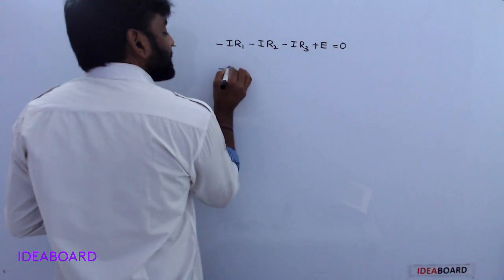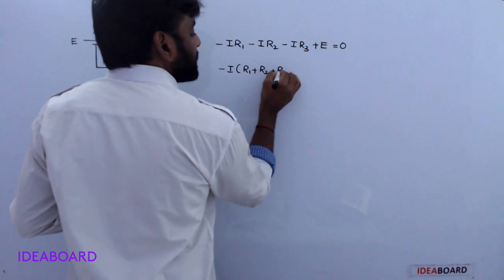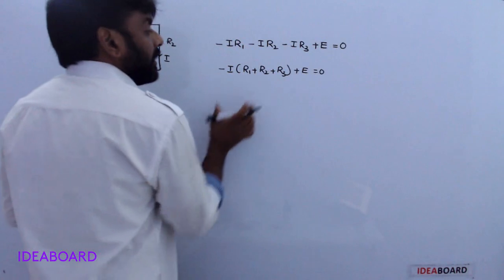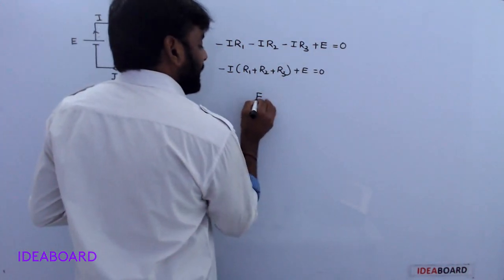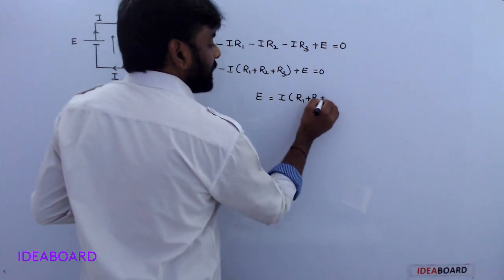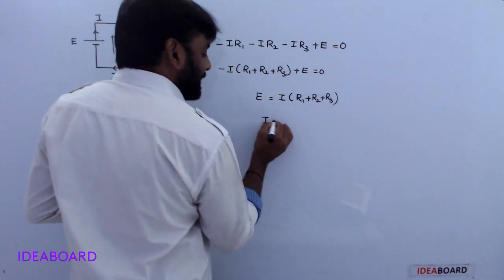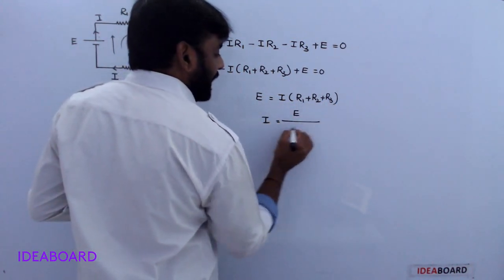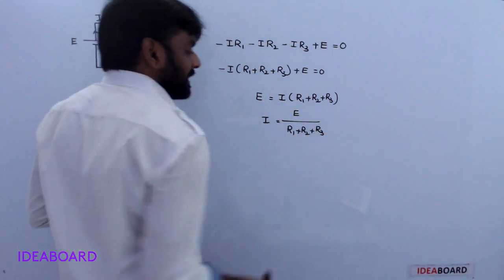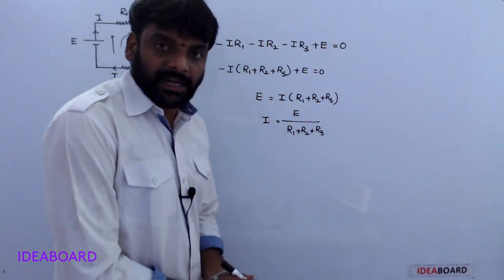Now minus I is common: minus I times R1 plus R2 plus R3, plus E is equal to 0. Taking it to that side, E is equal to I times R1 plus R2 plus R3. Total resistance is taken this side. I is equal to E by R1 plus R2 plus R3. Understood?